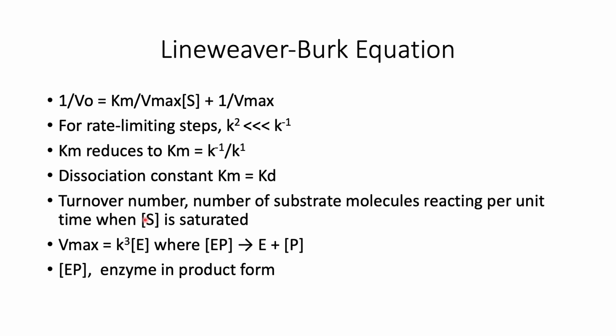If you simply flood the in vitro system with substrate, then this is the maximum number of substrate molecules reacting per unit time. Under that circumstance, you have maximum velocity, and K3 is a term times the enzyme, where the amount of enzyme present becomes the limiting step because you flooded this with substrate.